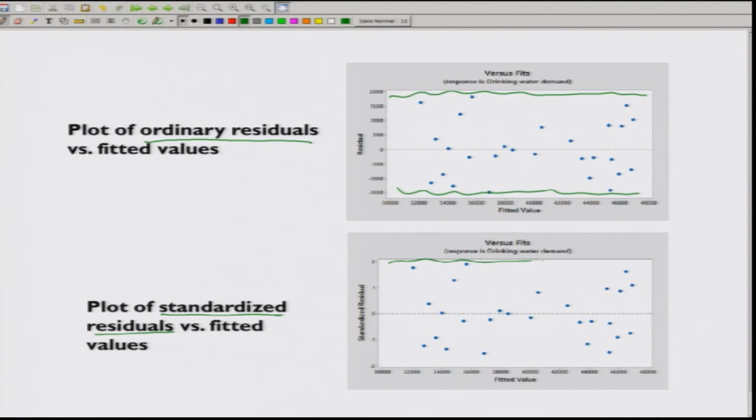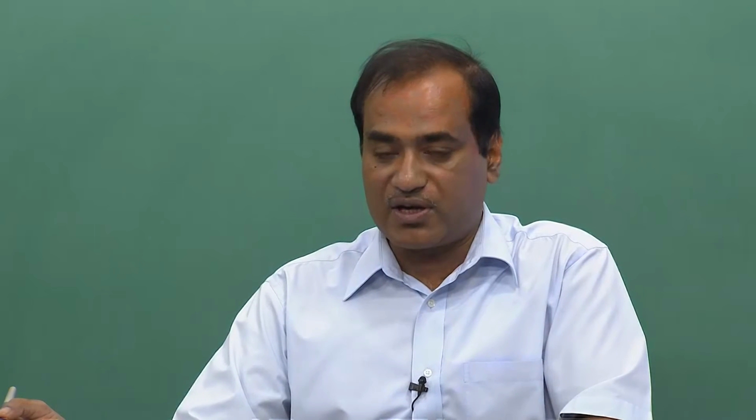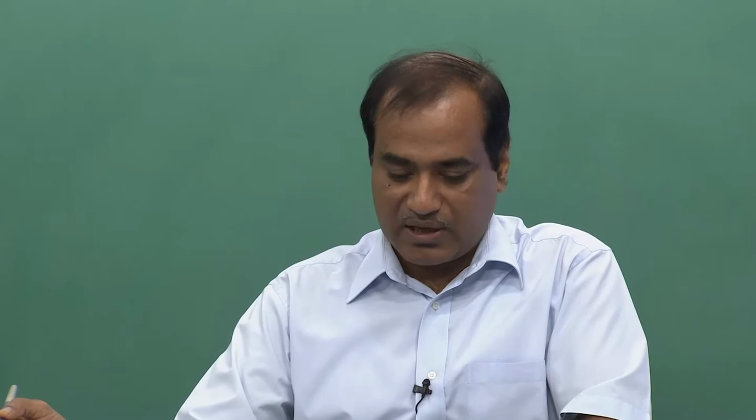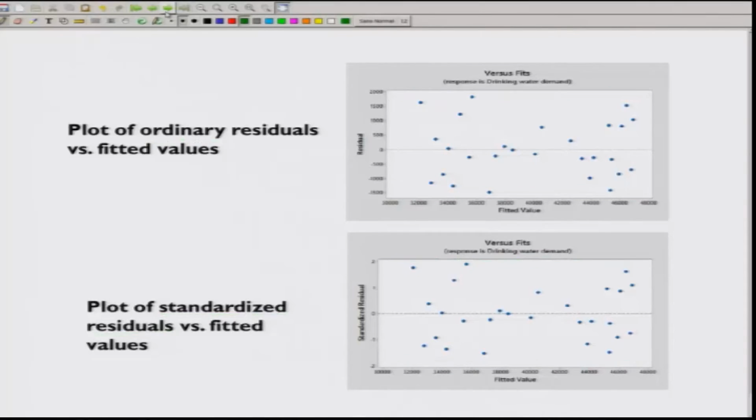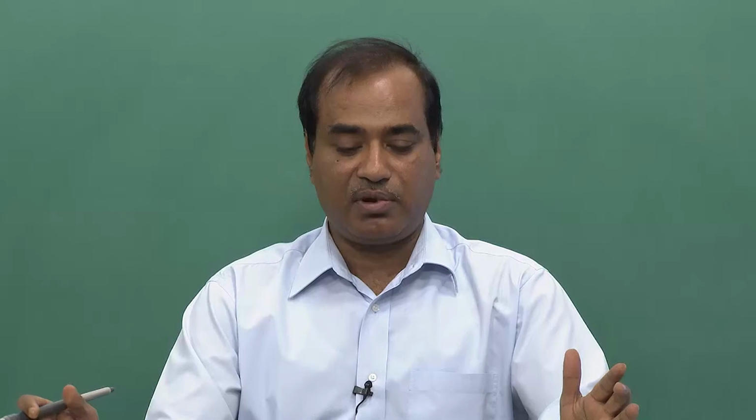So from these two graphics we can conclude there is no problem of heteroscedasticity in the data, and our variance remains constant.